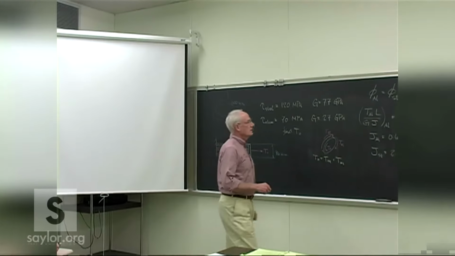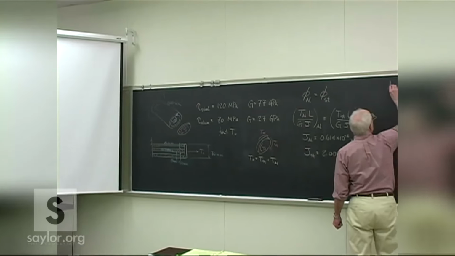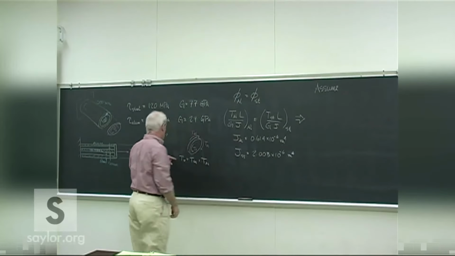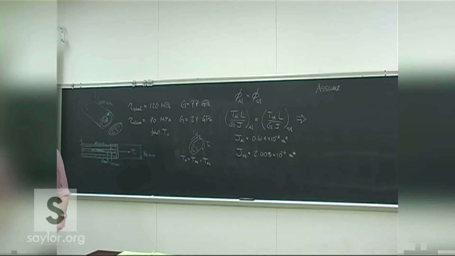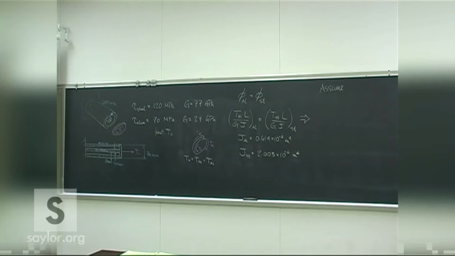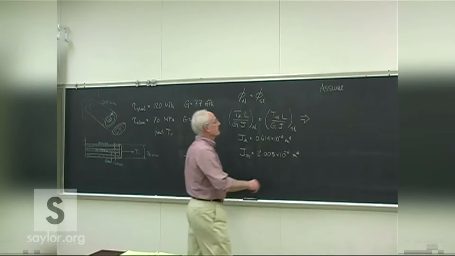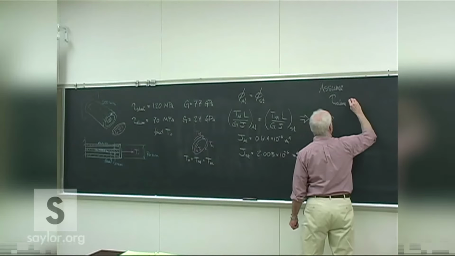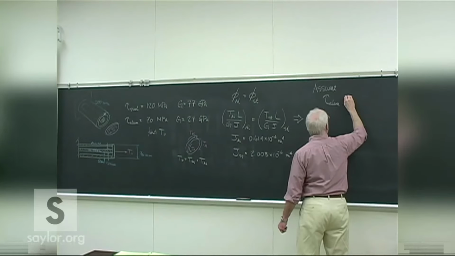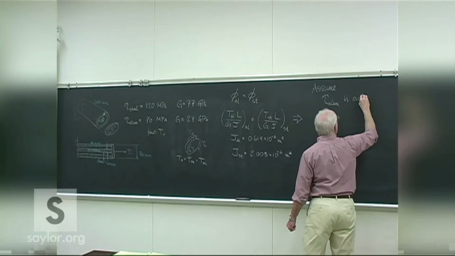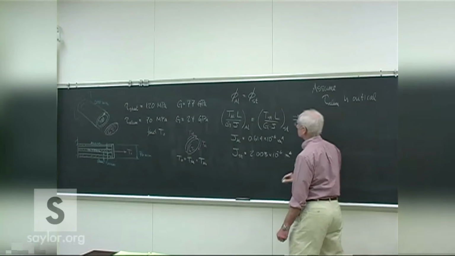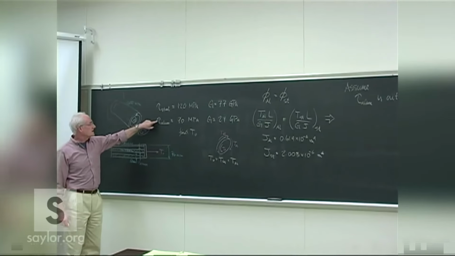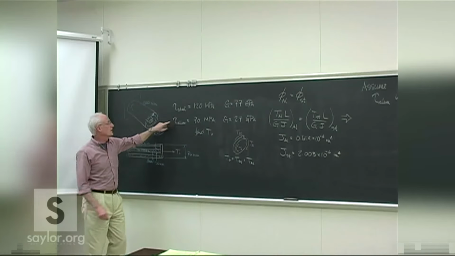So then what we need to do is assume one or the other is critical. Take that through the calculation until we find a load on the other one and test to determine whether or not it has exceeded the limit. So for example, maybe assume we're at the limit on the shear stress of the aluminum.